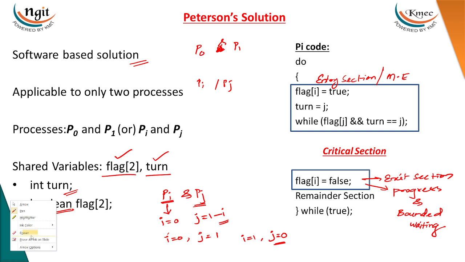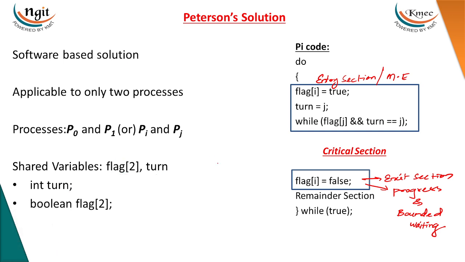The concept of the Peterson solution is very simple. Assume that there are two people in a house, P0 and P1, and these two are brothers, and they have a common, shared computer. Let us take P0.